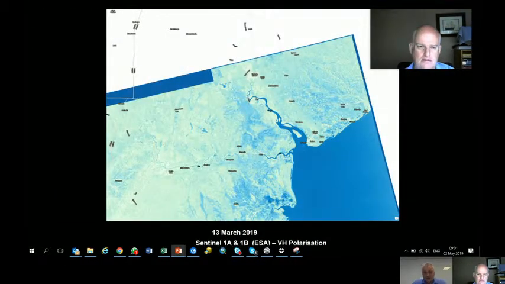Those two images were Sentinel-2 images, which are optical data sets. What I'm showing you now is a Sentinel-1 image, which is an active sensor, and it's synthetic aperture radar. So this is an image from the 13th of March. And once again, showing you roughly the same area, the river mouth coming out at Beira.